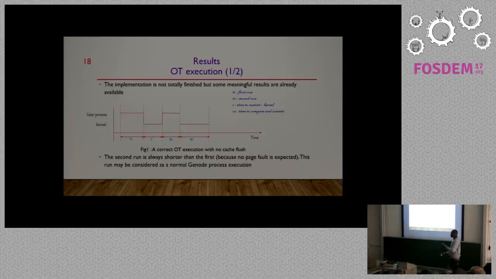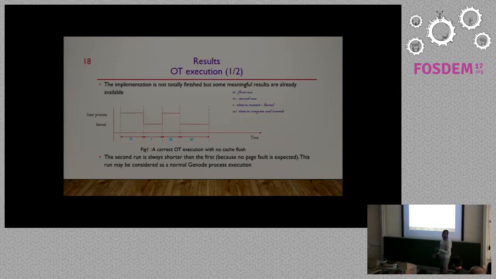And after the second execution finished, we also fall down in the kernel, and we can take action to make the comparison, verification and commitment. So we noticed that the second execution is shorter than the first execution.